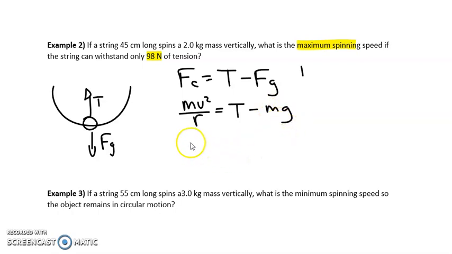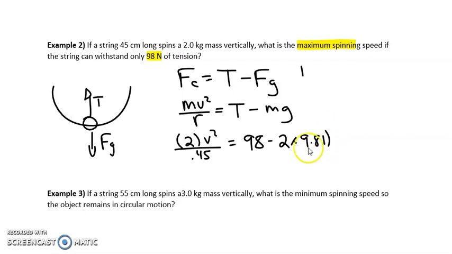mg, that 9.81. So this is a 2 kilogram object, v squared over the radius of 0.45 meters is equal to 98 minus 2 times 9.81.